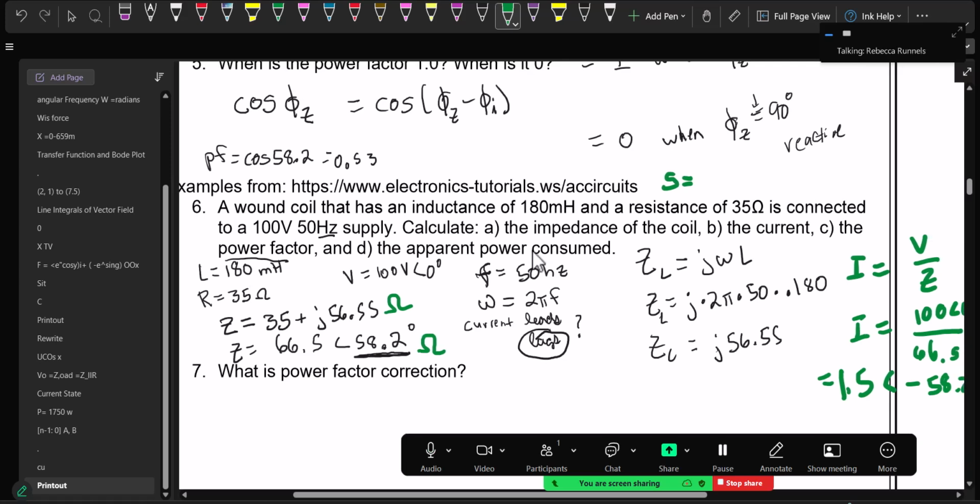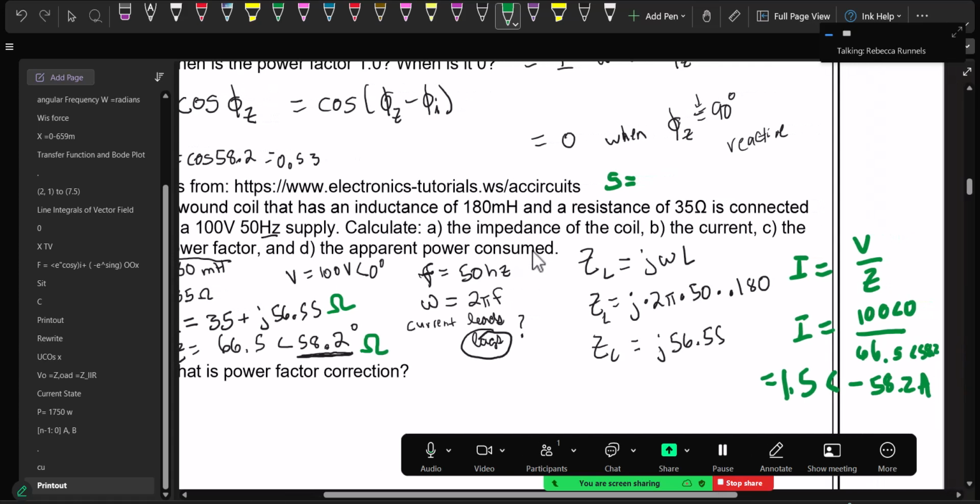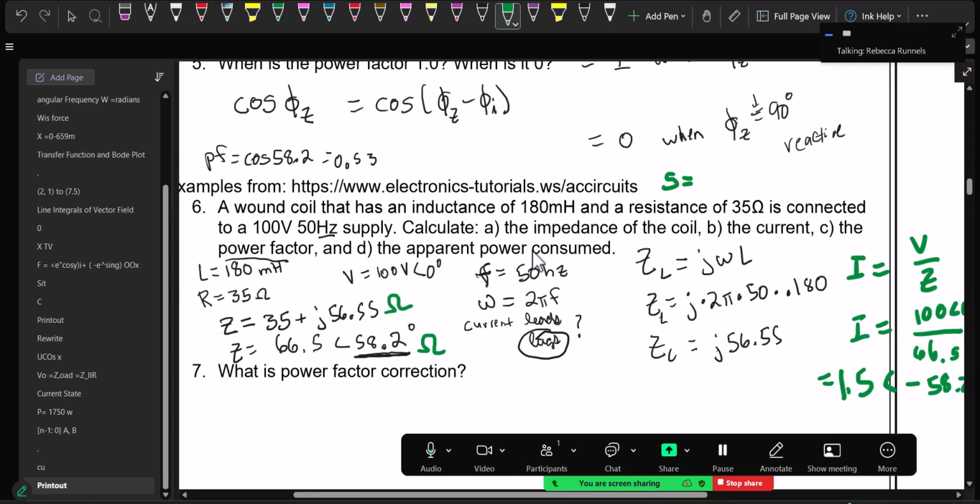I feel like it is, but it should have said RMS.